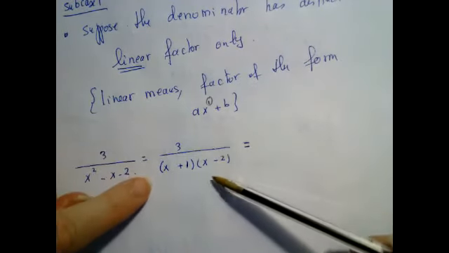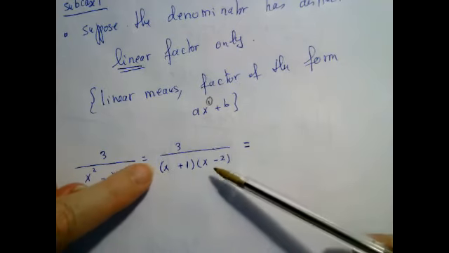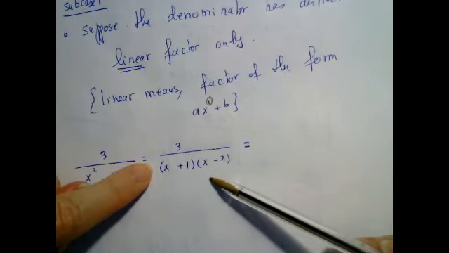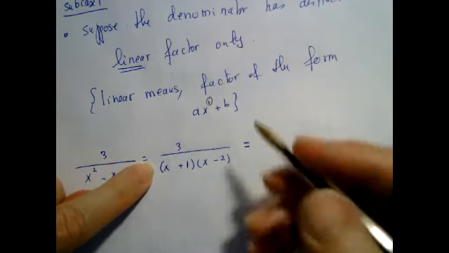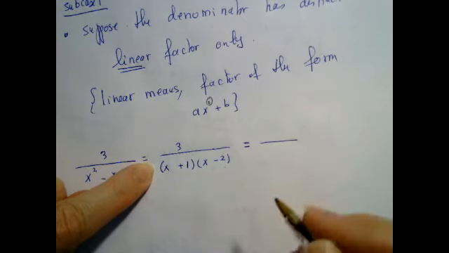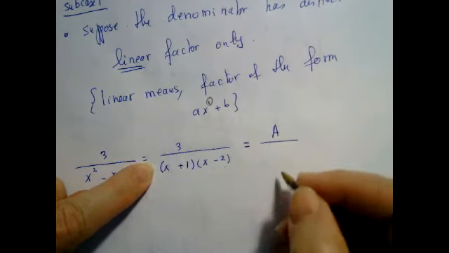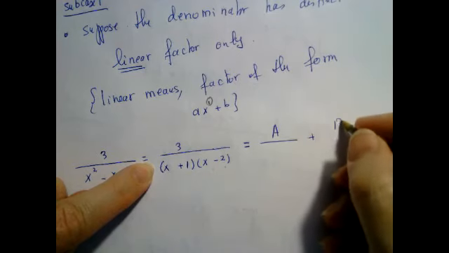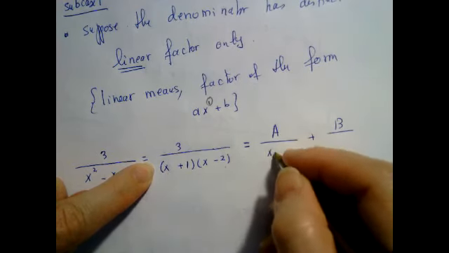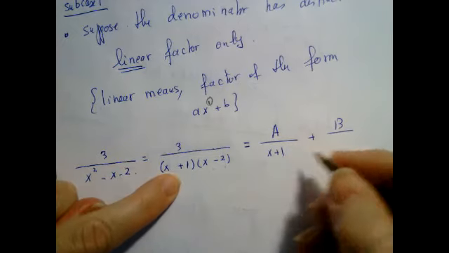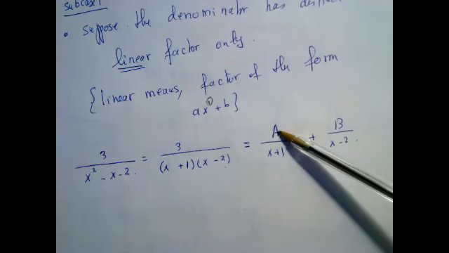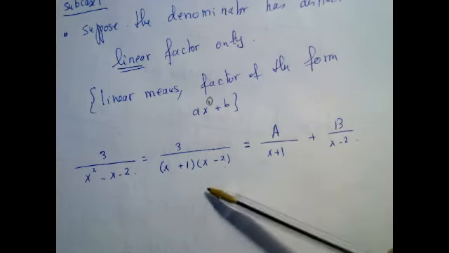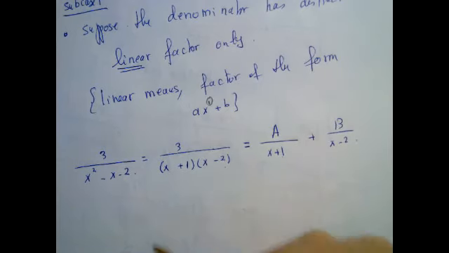If the denominator could be split like this into distinct, meaning different, linear factors, the theorem tells me that you should be able to find constants a and b so that this could be written as a over the first factor plus b over the second factor, where a and b are constants to be found.